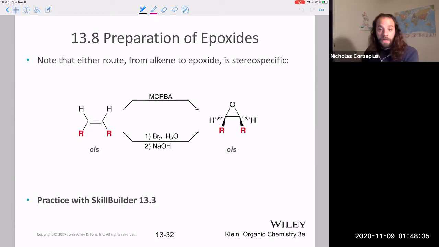Importantly, the stereochemistry of the product is going to be the same, right? So if I started with a cis alkene, I would get this syn addition, the same product as if I were to use the halohydrin pathway as well. Which again would be different than if I started with a trans alkene, right? These are stereospecific reactions.